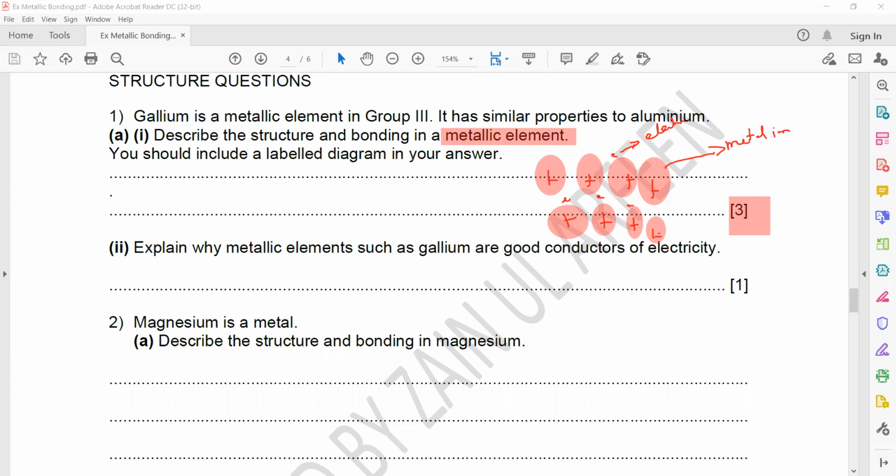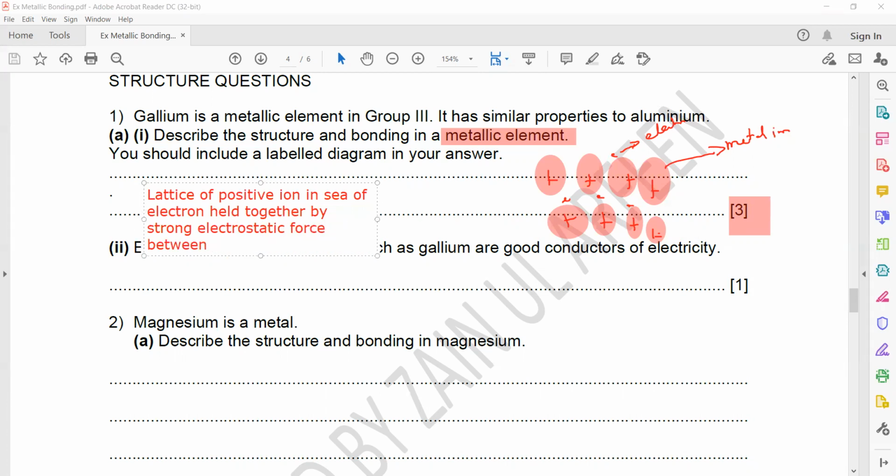So how do we explain this structure? We mention it consists of a lattice of positive ions in a sea of mobile or delocalized electrons held together by strong electrostatic force between positive ions and electrons.